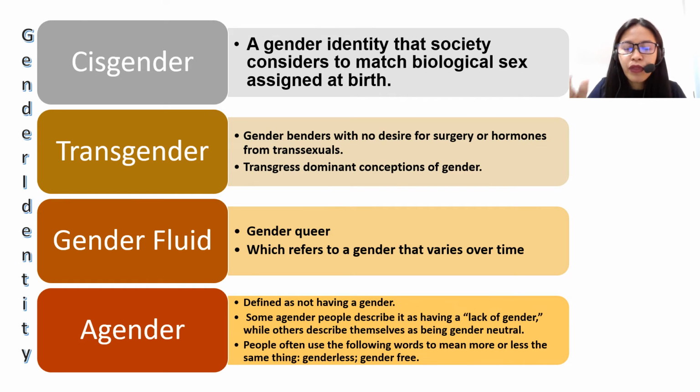So remember, cisgender are those whose assignment at birth matches their biological sex, and transgender are those people who do not have a desire for surgery to change their reproductive organs, but they transgress dominant conceptions of gender. And we have gender fluid, because people may change their gender over time, and agender, which refers to gender free or gender neutral people.